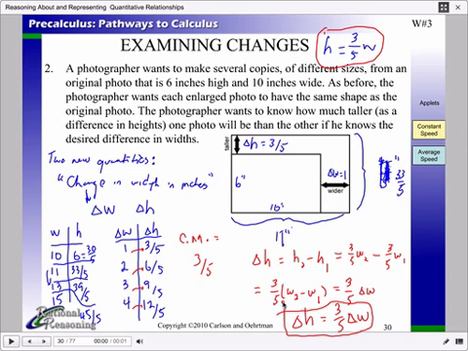Do you follow it? Does it make sense? Will it always be the same as the original equation? You tell me. Who asked that? Yeah, so will it always be the same?